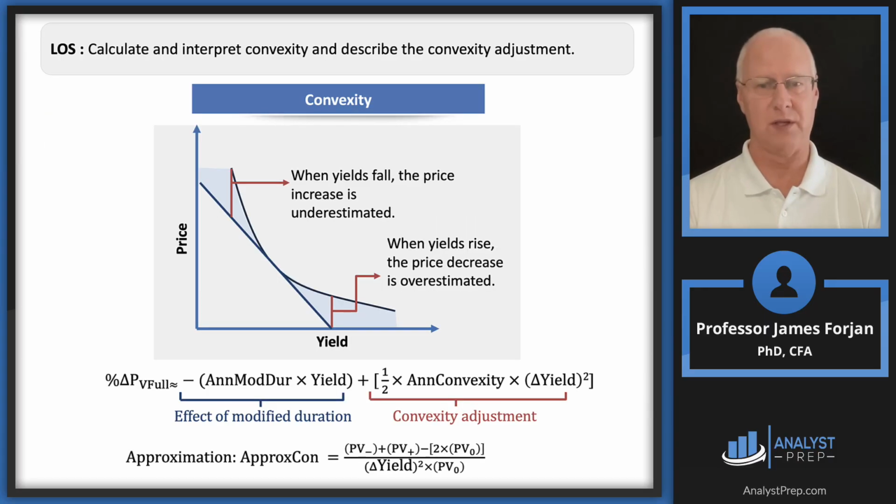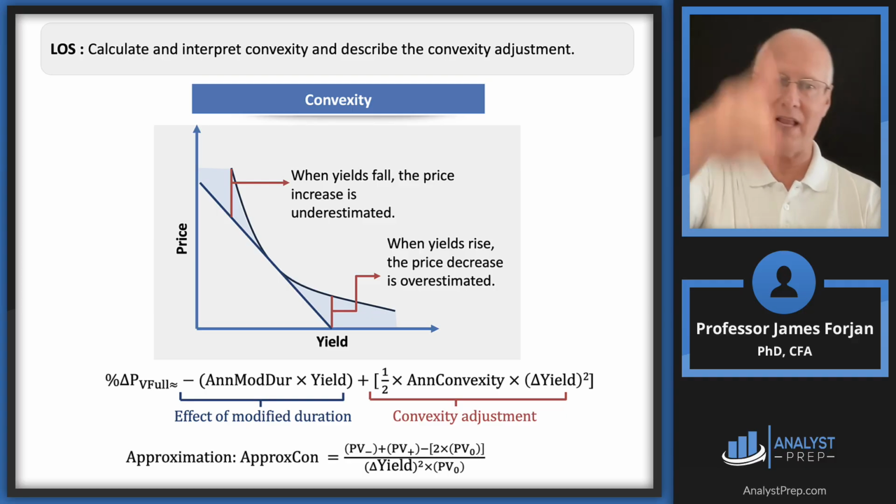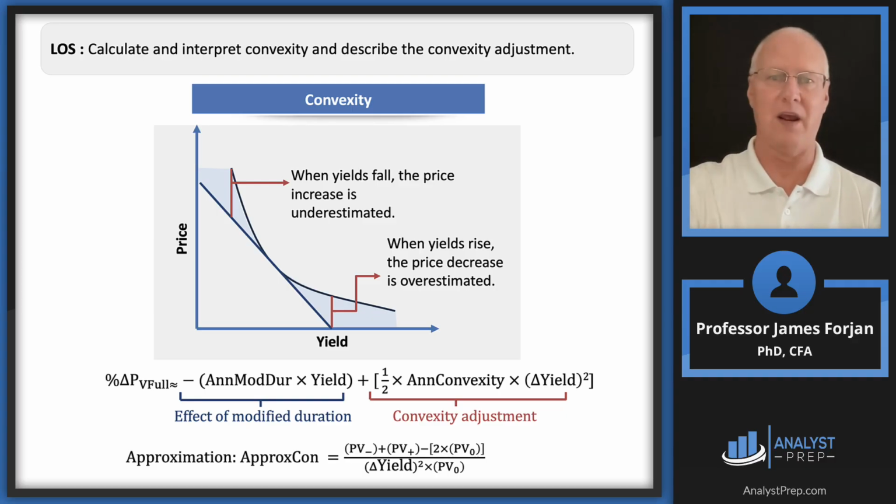All right, so there's the yield on the horizontal axis and price on the vertical axis. Notice that there's a straight line going from one intercept to the other. Well, that's the duration. Duration is a linear relationship. But we know that the relationship between yields, which is an interest rate, right, and price, which is dollars, that relationship is not linear. In fact, it's convex. So you can see that little curvy line there.